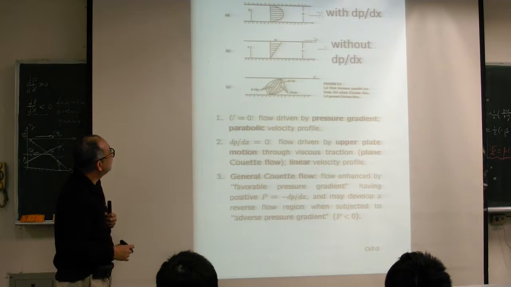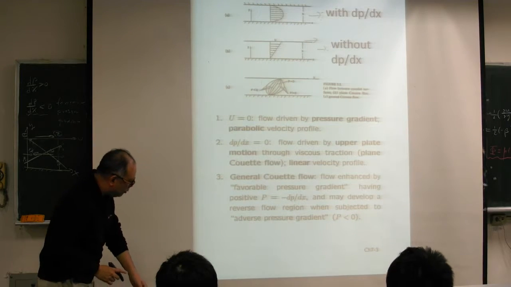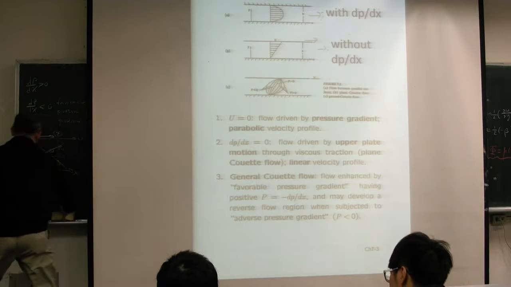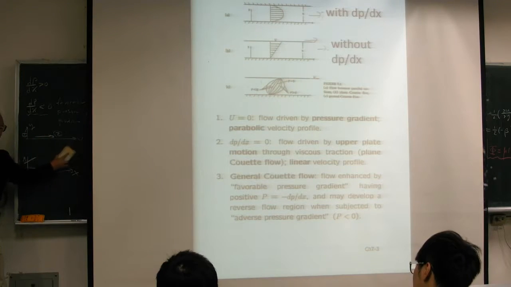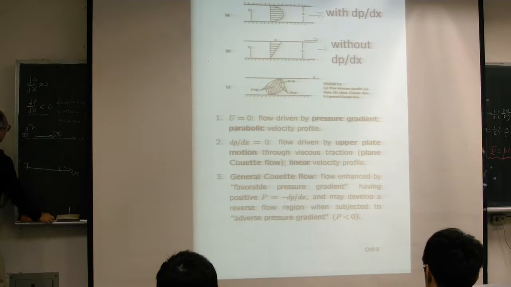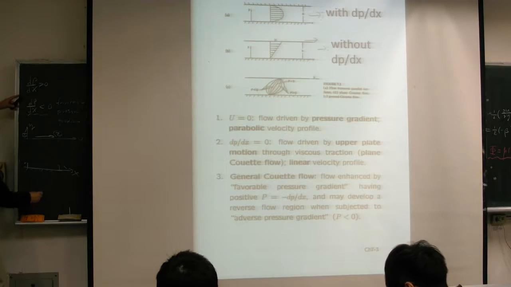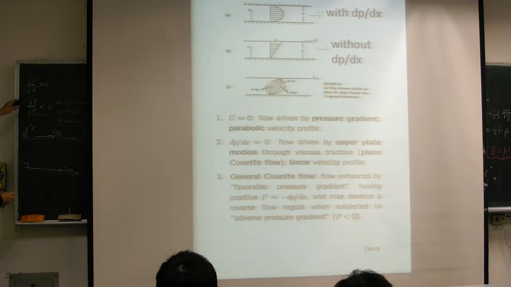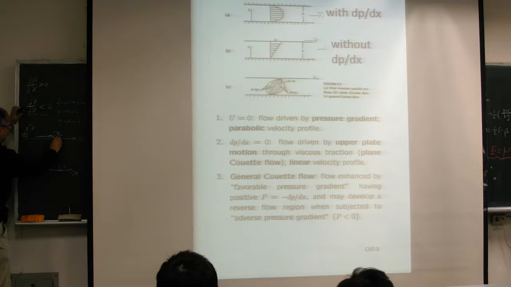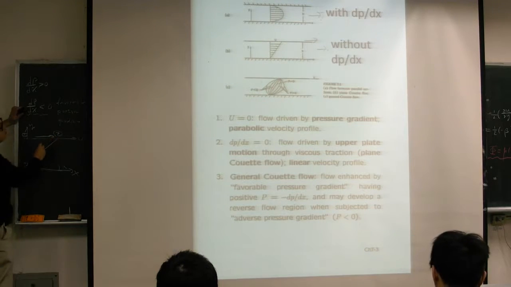And not always reverse. Let me draw it more clearly, I spoke too fast before. If the pressure gradient has a positive sign here, our velocity profile will look like this. This is linear, right? And we look like this.